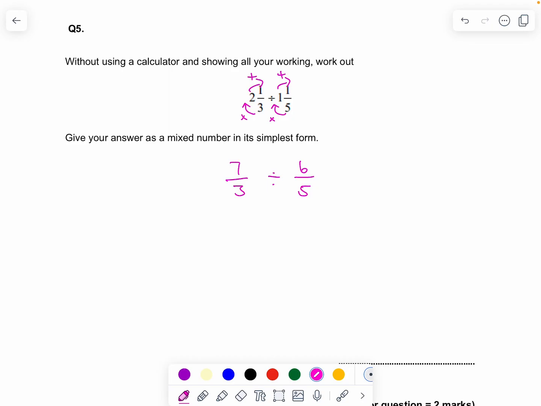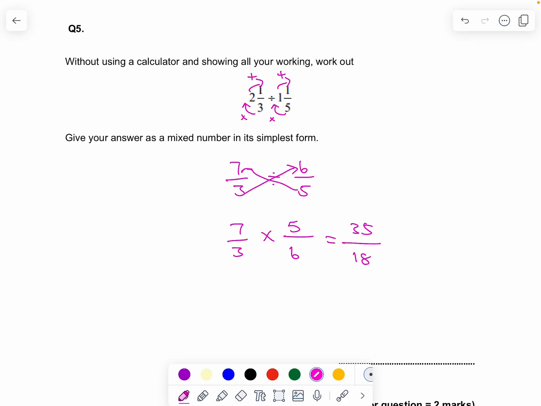It's up to you which way you do it. Some of you cross multiply like this, or some of you do 7/3, change the division sign to a multiplication sign, and then flip the second fraction so it's 5/6. 7 times 5 is 35, over 3 times 6, which is 18.